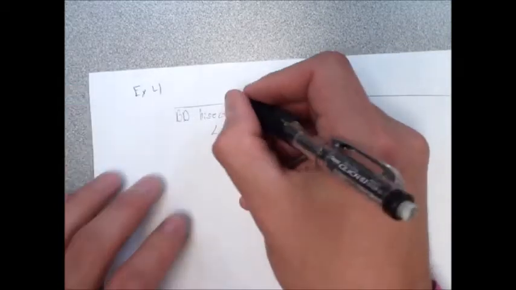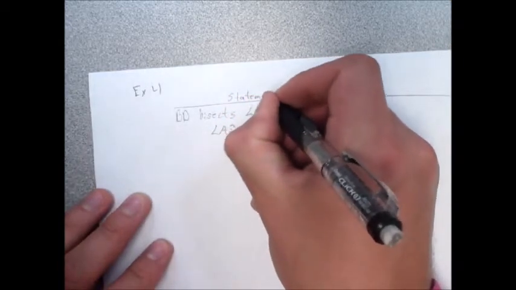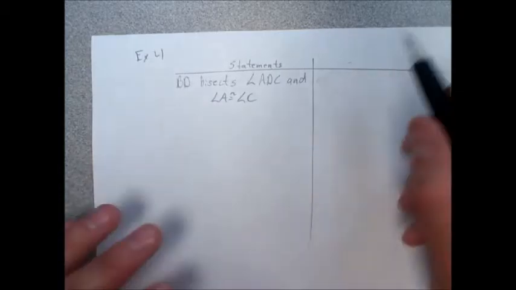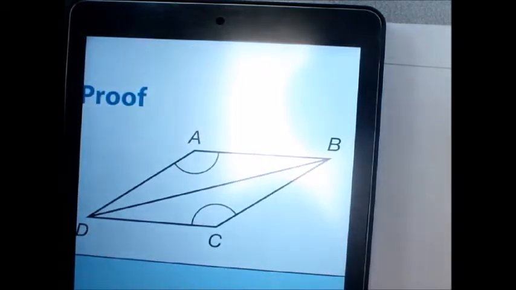Okay, do we got a definition? So bisects means that it's to be divided into two congruent parts, right? So looking at the picture that they provided for us, it says that it divides it into two congruent parts.